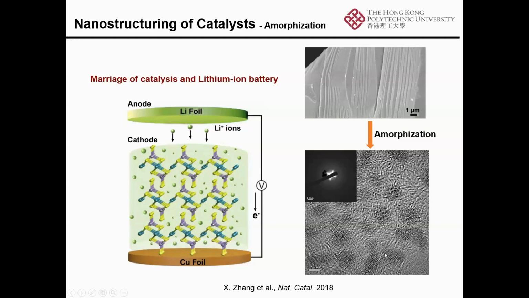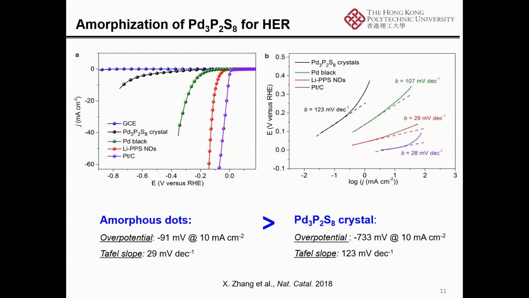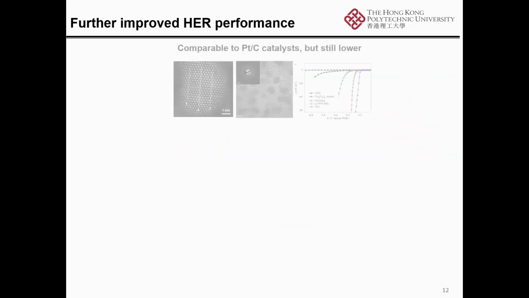Amorphous materials normally have rich active sites. In comparison, the activity of the small nanomaterials is much better than the original large materials, and no matter for the overpotential or the Tafel slope, also better than the original crystals. The hydrogen evolution activity was greatly improved.